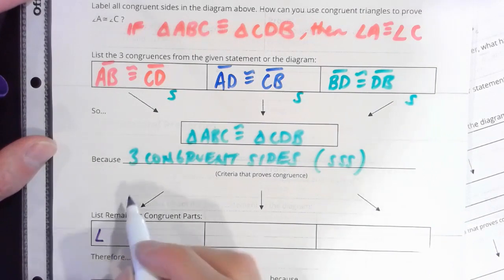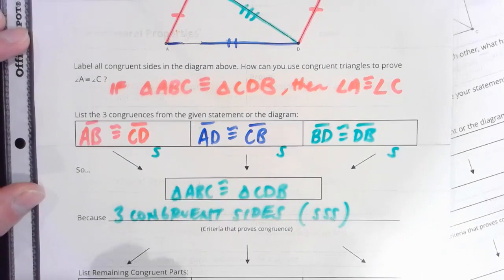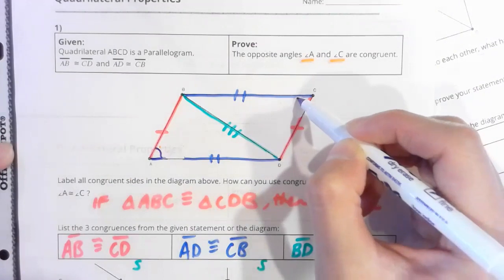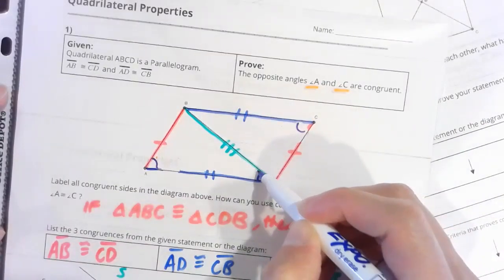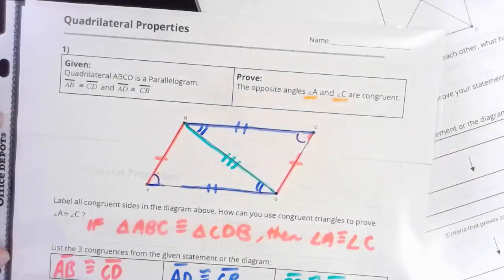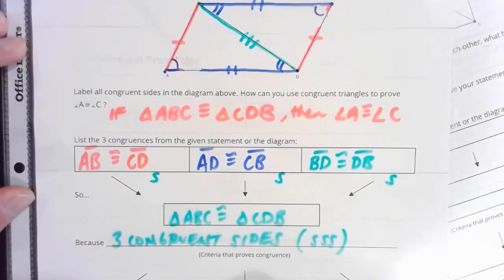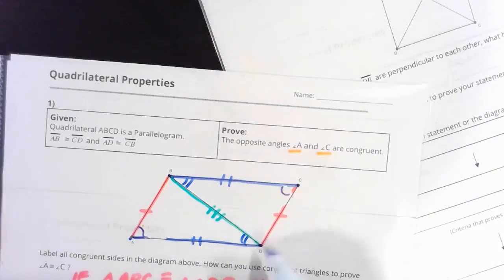So I have angle A is going to be congruent to this angle here. I have this angle here, which is going to be congruent to this angle here. So this is angle ADB. It's going to be congruent to angle CBD.